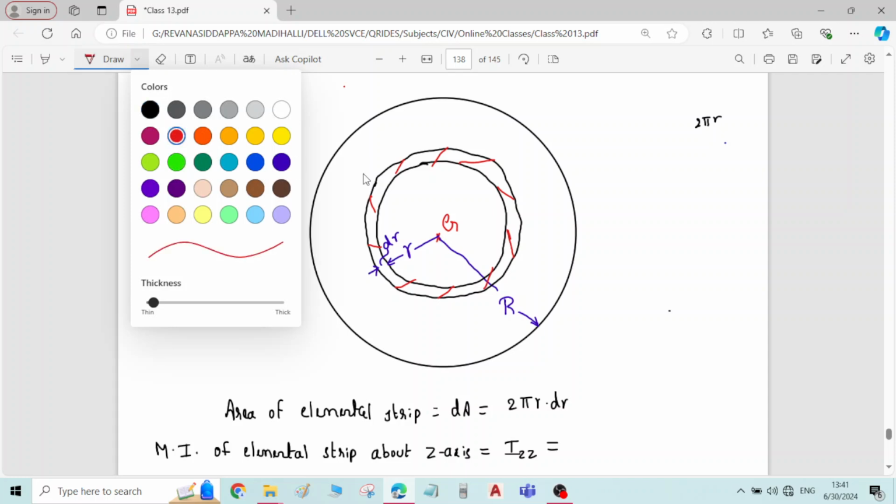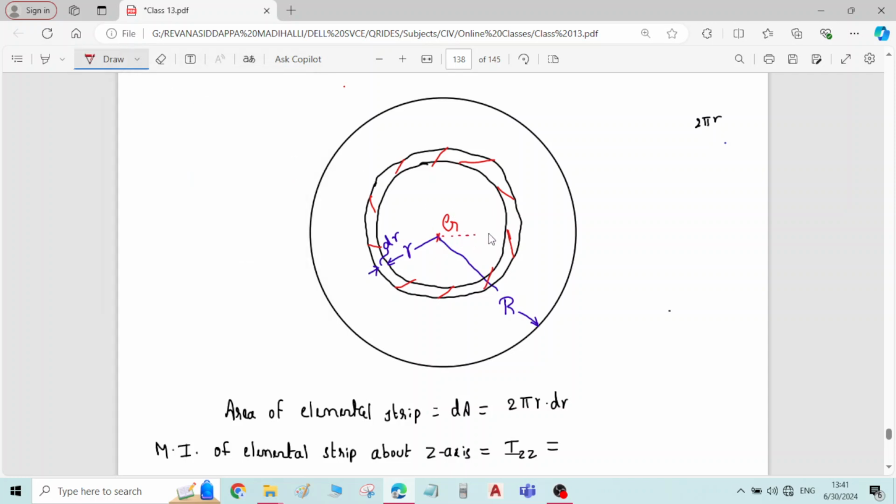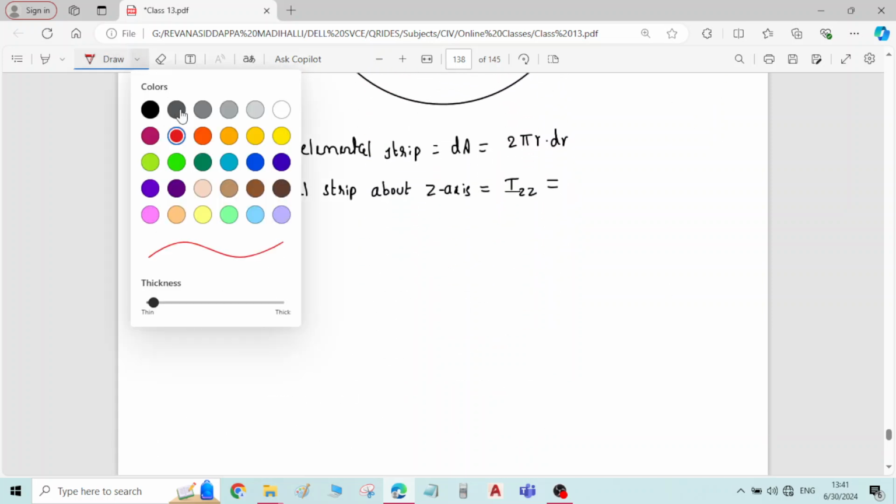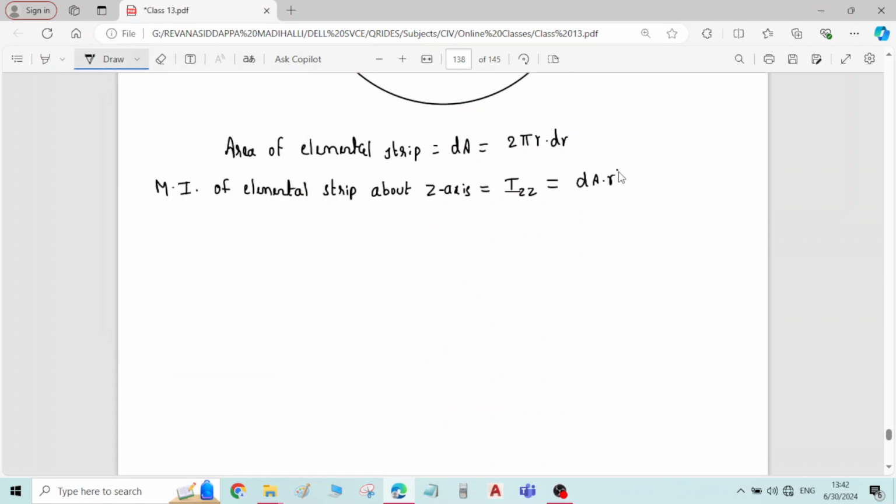Here we have the x-axis and this will be the y-axis, and the z-axis is perpendicular to the screen. The small r is the perpendicular distance of the elemental strip from the z-axis. Therefore the moment of inertia of the elemental strip about the z-axis is dA into r square, area into distance square.